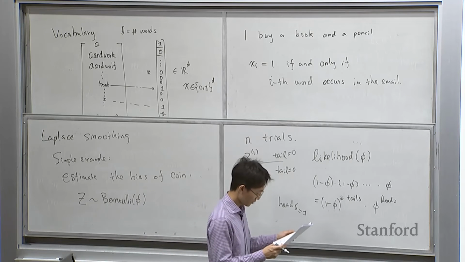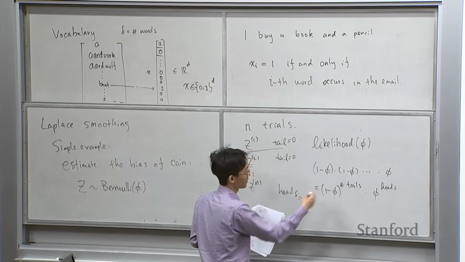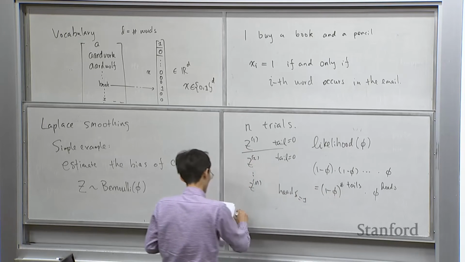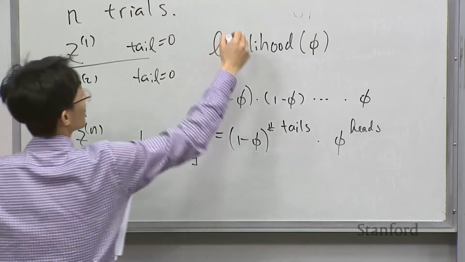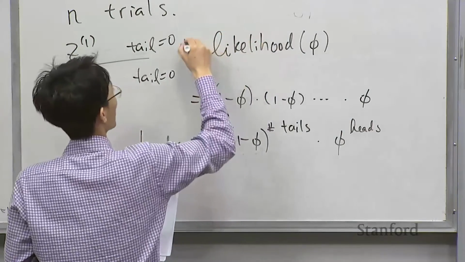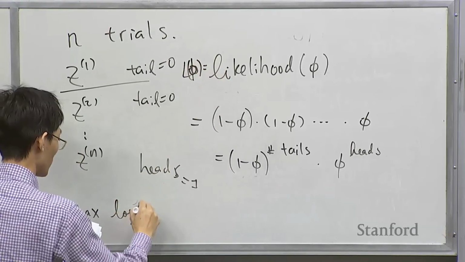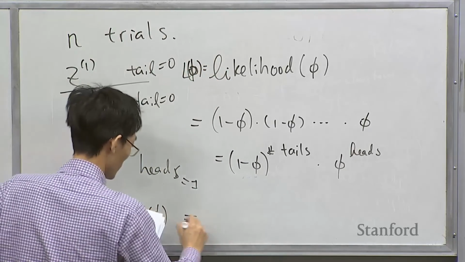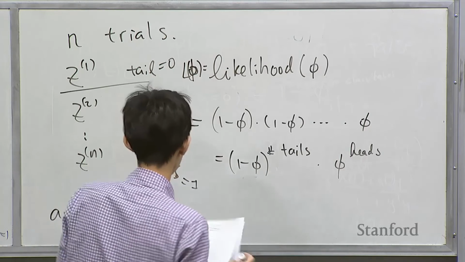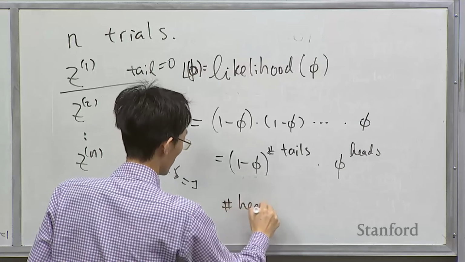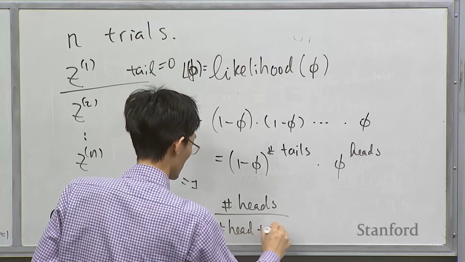Okay, so you get this, and then you can take the argmax of the log likelihood. Let's call this L of phi. So the argmax of log of L of phi, if you solve it, you're going to get the following: the number of heads over the number of heads plus the number of tails.